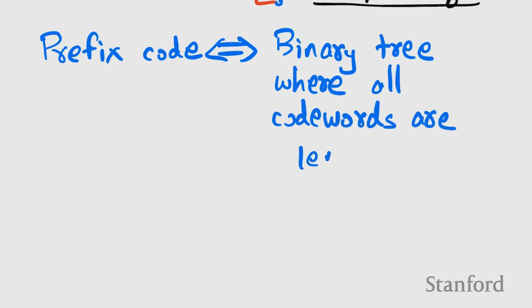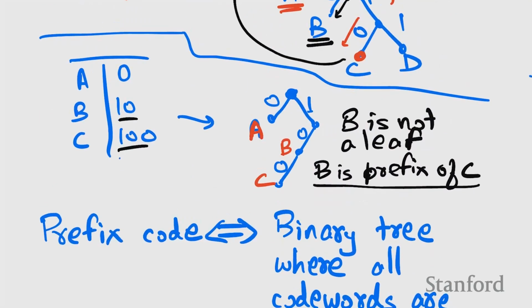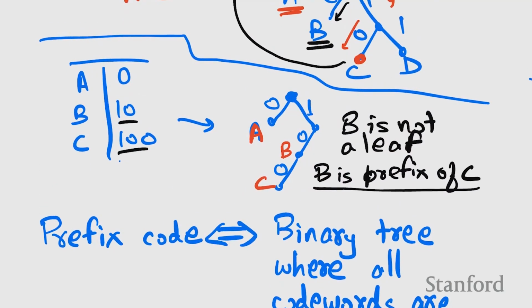And this is very obvious once you think about it for a minute, because if your code word is not a leaf, if it's an internal node in the tree, that means you can extend it further and get another code word. But that means that one of the code words is a prefix of the other. Here, if B was a leaf, everything would have been good. But B is not a leaf.